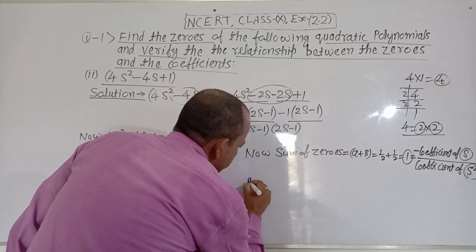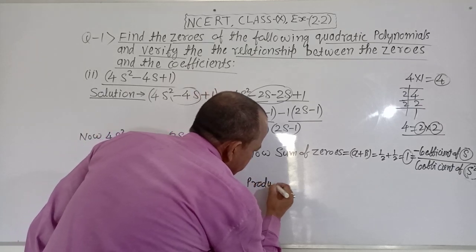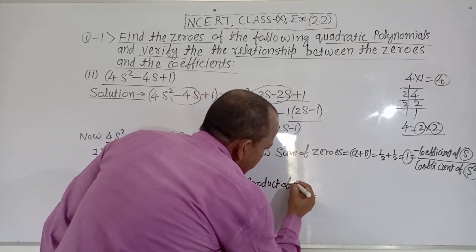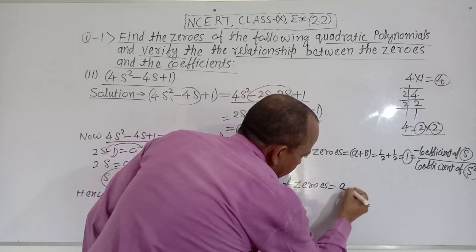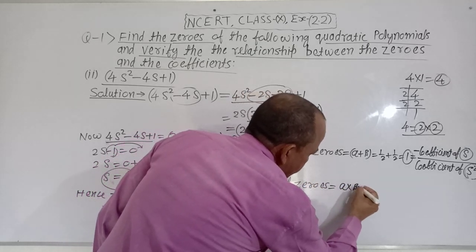Product of zeros equals alpha multiply beta.